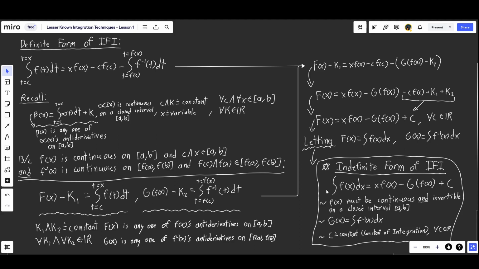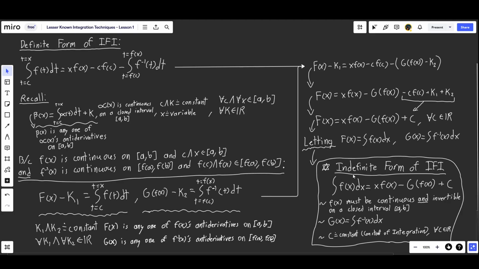And specifically, this formula tells us that the indefinite integral of f of x is equal to x times f of x minus g of f of x, where g of x is the indefinite integral of the inverse of f of x. And it's important not to forget that f of x must be continuous and invertible on a closed interval a to b for this to work. And this constant c at the end is the constant of integration.